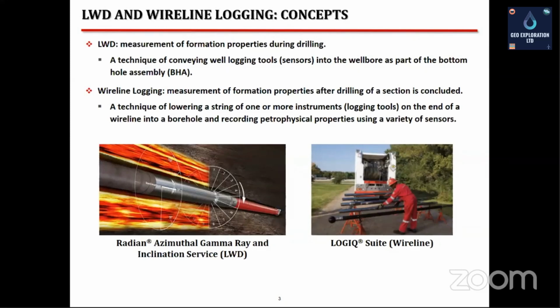The figure here is an example of a wireline tool provided by Halliburton. The logic suite provides us the standard range of logs from caliper, gamma ray, resistivity to porosity, that is neutron and density. LWD and wireline tools and services are also provided by other service providers in the oil and gas industry.